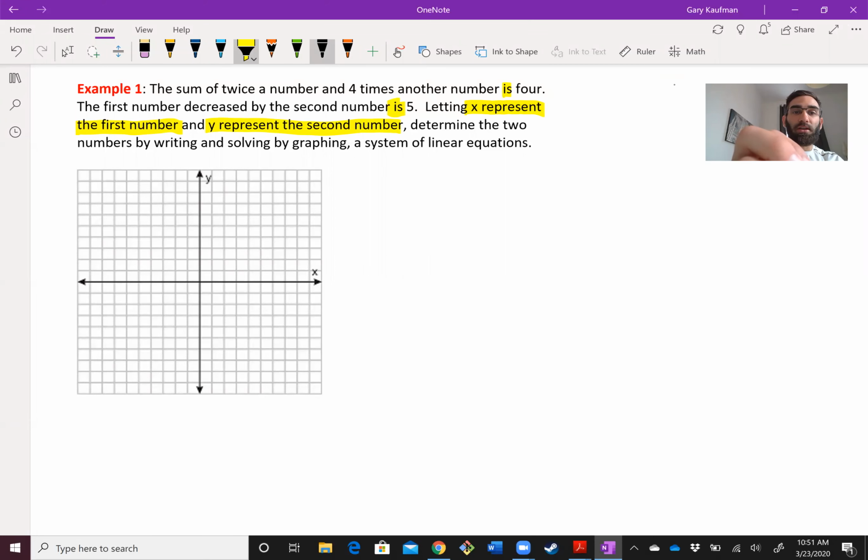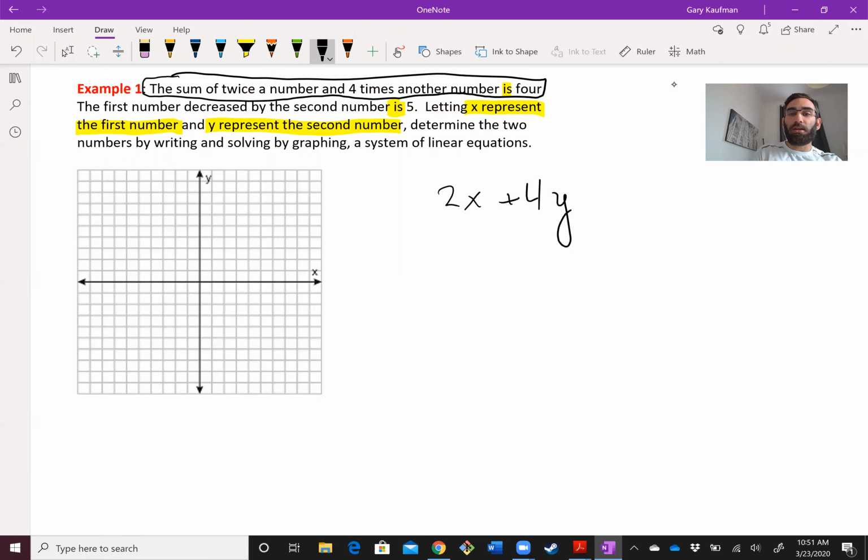If I look at the first sentence, the sum of twice a number and 4 times another number is 4. So the sum of 2x plus 4y equals 4. And then the first number decreased by the second number is 5.